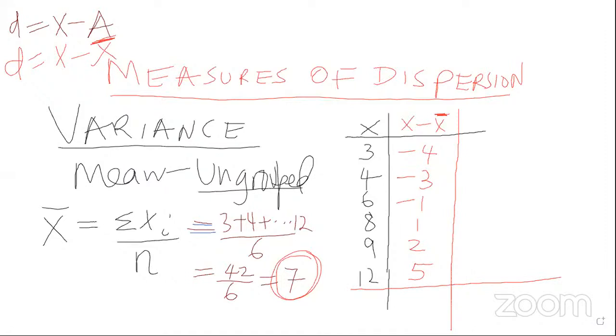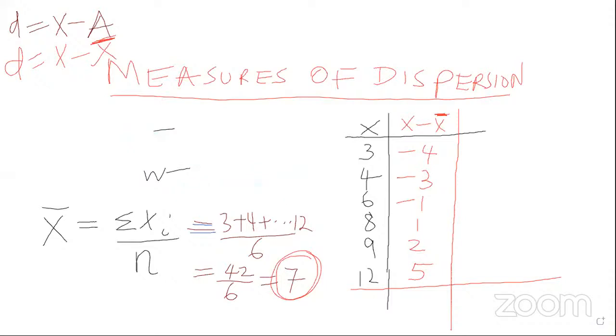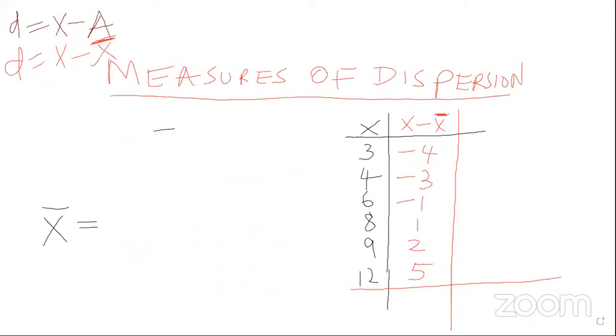Let me first erase this so that I have space. There's something important that I want us to look at when it comes to measures of dispersion. When I work out the deviations, the answers that I'll get are shown there: -4, -3, -1, 1, 2, 5.